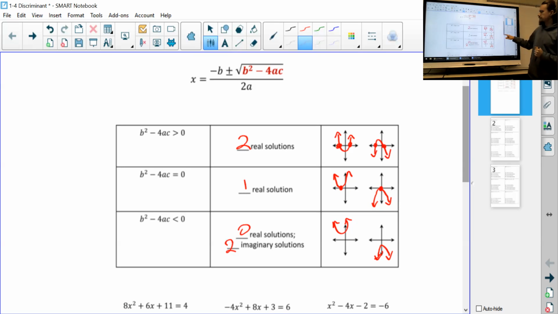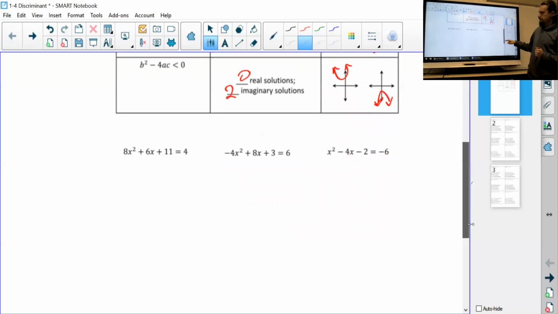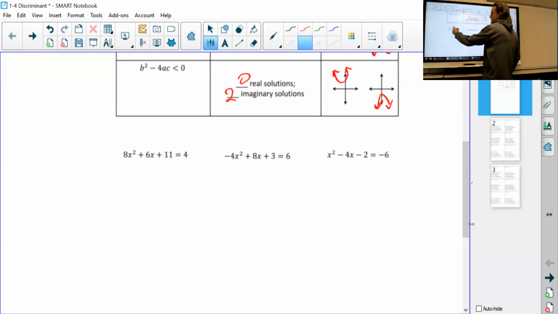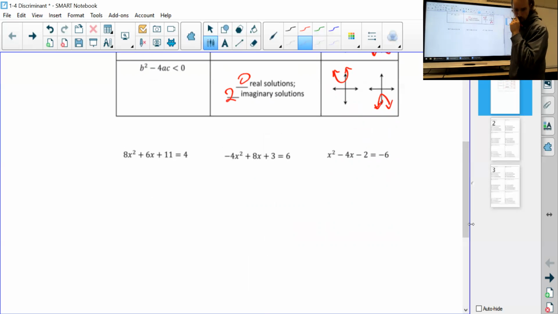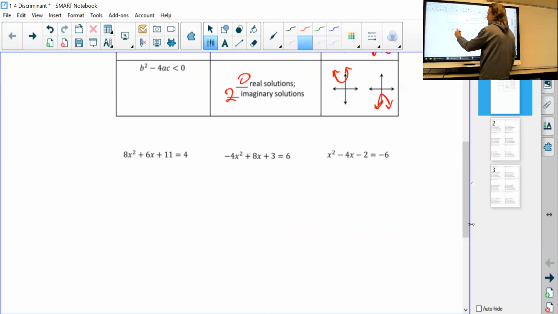Okay? All right. So let's just do the work here. So here's our function, 8x squared plus 6x plus 11 equals 4. So first thing we need to do is make sure everything is on the left-hand side. So I need to do minus 4 to both sides. So that's going to give me 8x squared plus 6x, 11 minus 4 is 7.